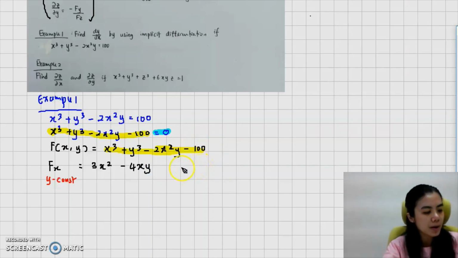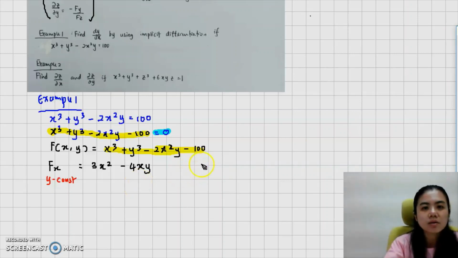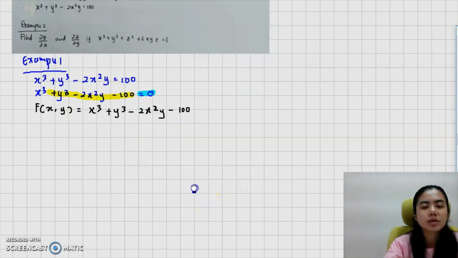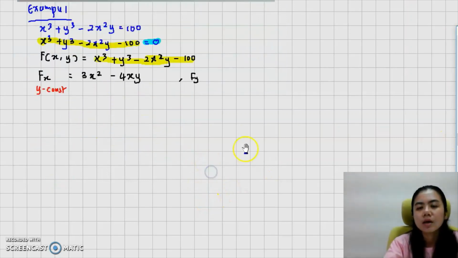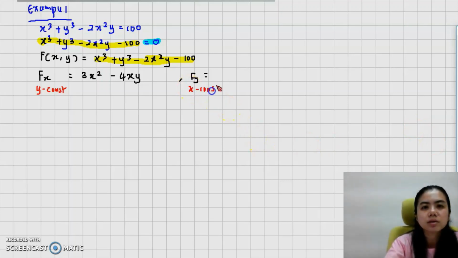How about your fy? We'll do the same thing, but this time I will treat the x as constant. Referring to this function, this term is a constant, so when you differentiate it you have a 0, and this is the term you differentiate, so you will have 3y squared.